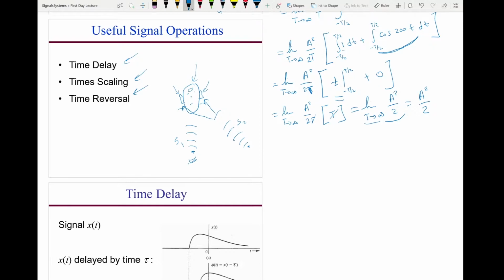So within a few seconds, that speech will not be loud anymore. It will be like in the background, and you will be able to focus on this speech. In communication, when you see two antennas, they use this delay. And if you are searching for a specific word in a long conversation, you use the delay method to search for that word. So let's look at the delay.